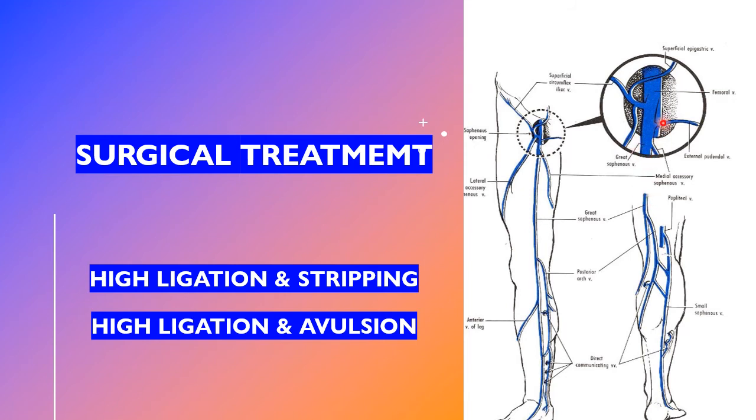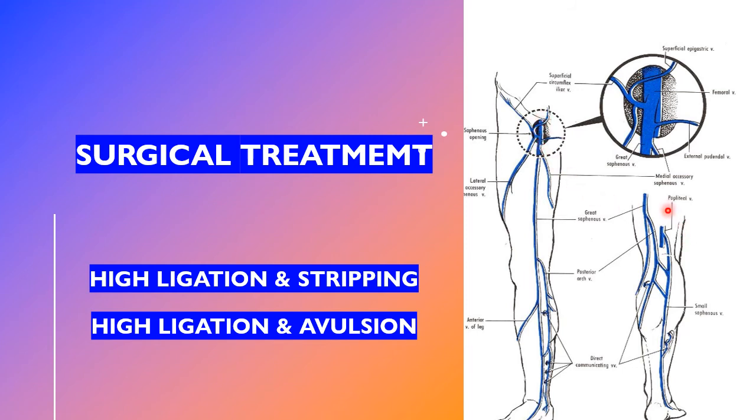Then a catheter known as a vein stripper, a metallic vein stripper, is inserted into this long saphenous vein all the way down to the ankle if possible, but in most cases at least until the popliteal region. And then you pull the stripper upwards from the incision here until the whole vein is stripped and removed from the leg.